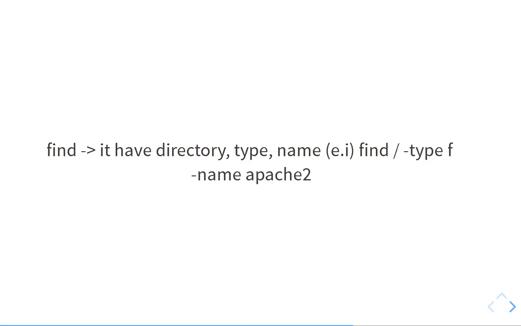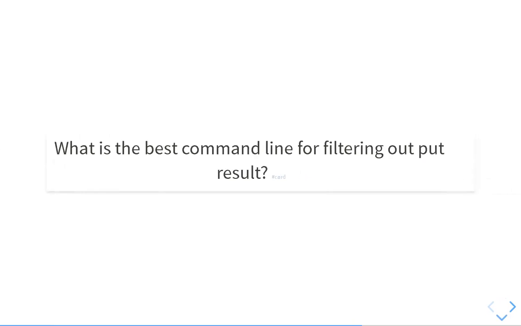So f will be the file type, the type of contents. It can be file, folder, or program, but we have to specify what type of things we're trying to find.